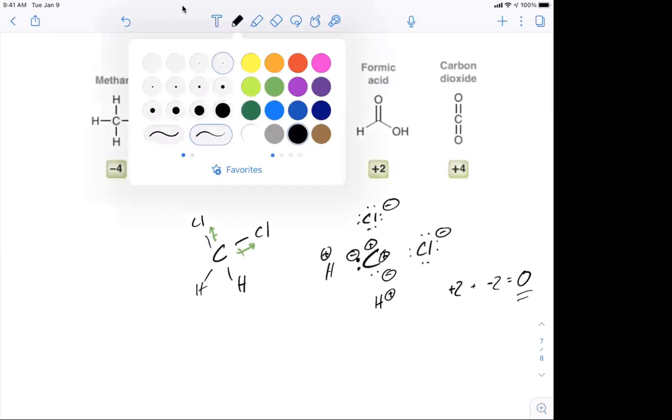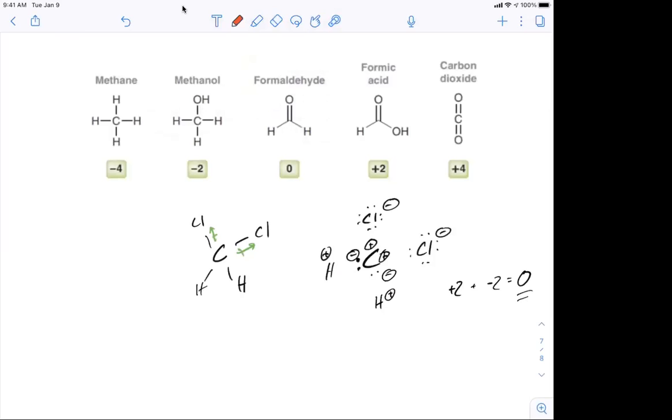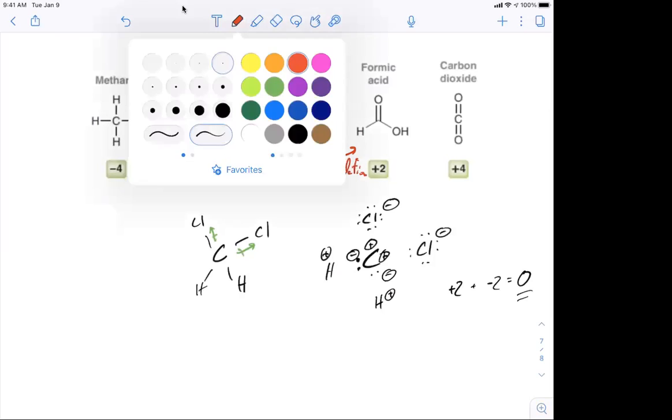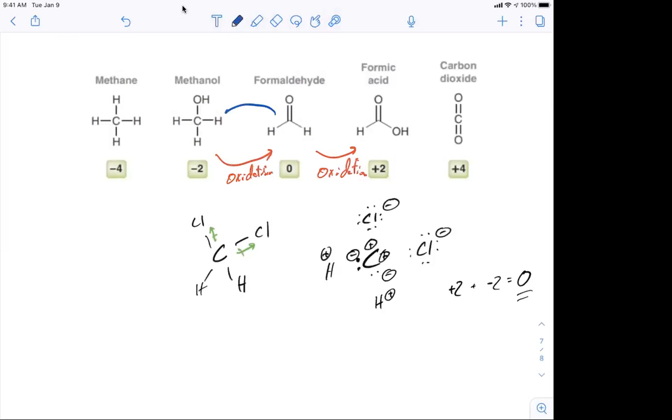Reactively, what is important to know is if I went from methanol to formaldehyde, that's an oxidation, right? Oxidation. And going the other way, right, is reduction.